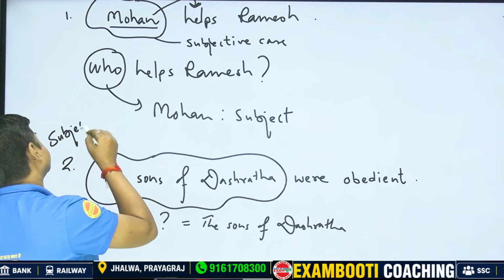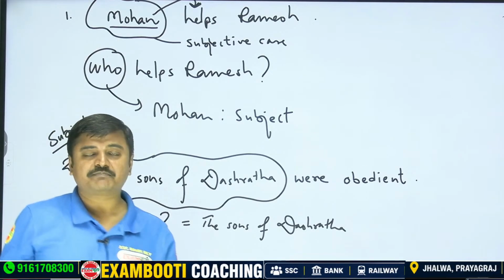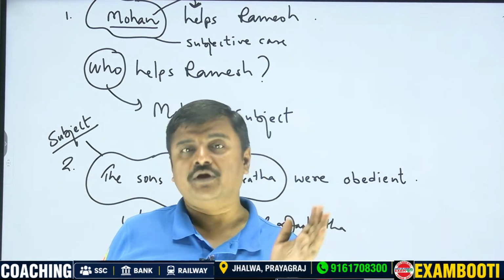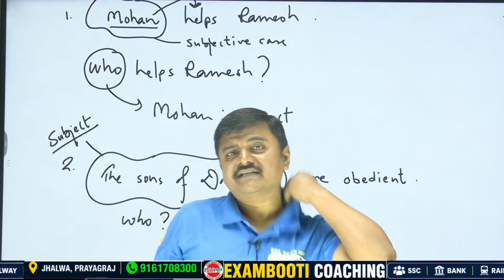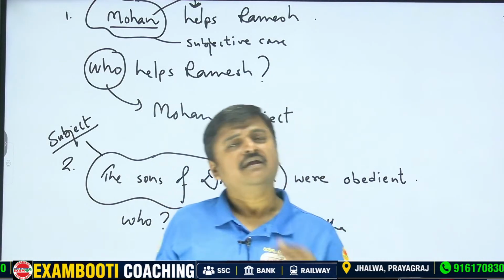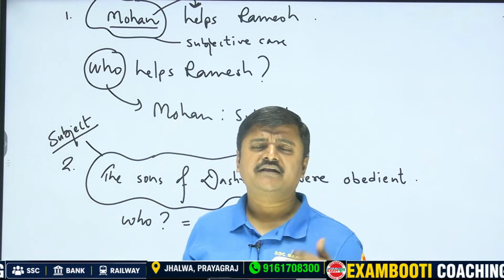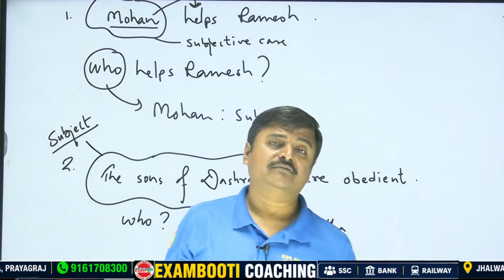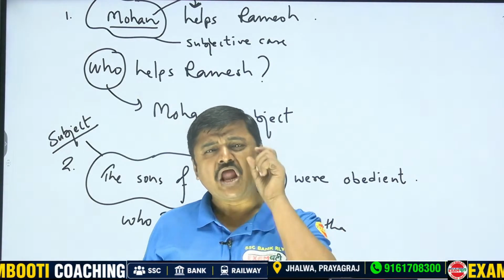This is the subject. And we all know that on the subject's place, there is always a noun or a pronoun. On the subject's and object's place, we will get noun or pronoun. There will be no other word. There may be some words that are qualifiers and modifiers, but they will come before a noun, and the noun will be there.